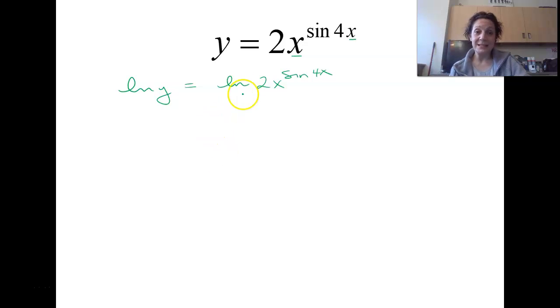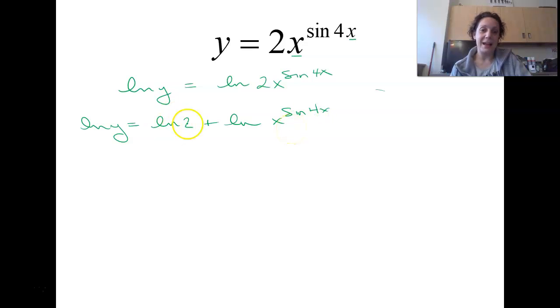So in this case, and in cases like it, before you go multiplying this down, you've got to split it up, because otherwise, when you multiply this sine 4x down, you're applying it to the 2 as well. So before I do any bringing down of exponents, I'm going to first break this up using my rule for products. I have the natural log of 2 plus the natural log of x to the sine 4x.